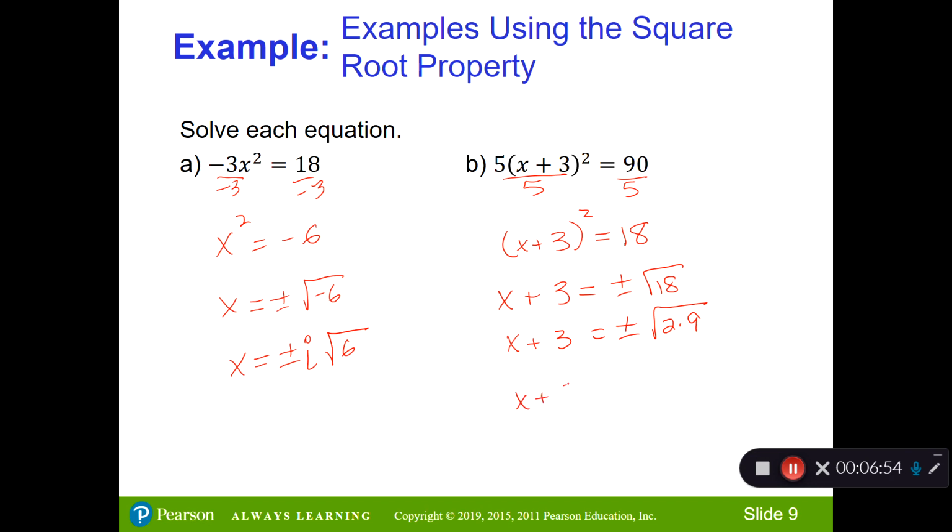So I'd have x plus 3 equals plus or minus 3 root 2 when I simplify the square root of 18. Now subtract 3 from both sides. These are not like terms, so I can't combine them, so the -3 comes in front. x equals -3 plus or minus 3 times the square root of 2.